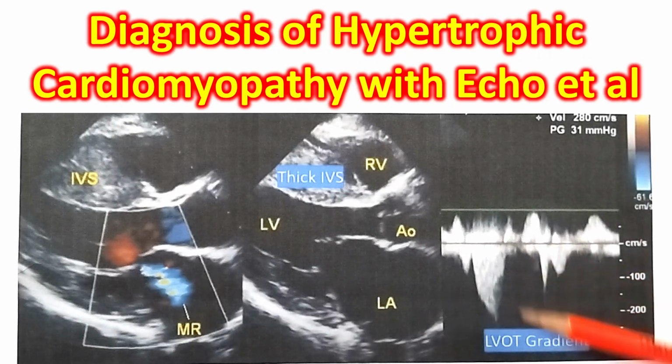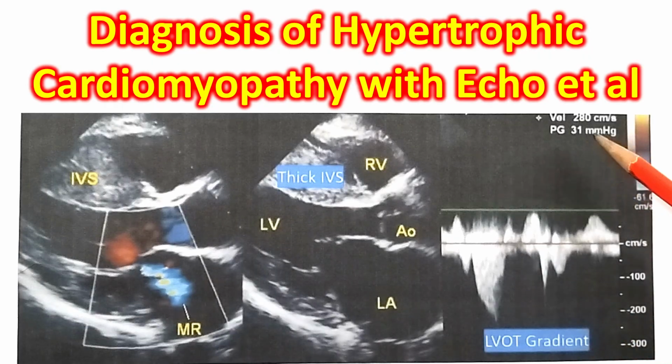And this is showing the left ventricular outflow tract gradient in hypertrophic obstructive cardiomyopathy. Here the gradient is seen as 31 millimeters of mercury. The gradient is dynamic in nature so that it can increase and decrease over time.